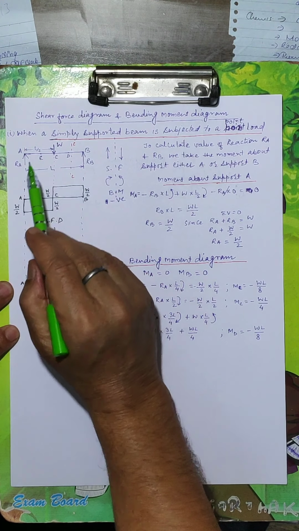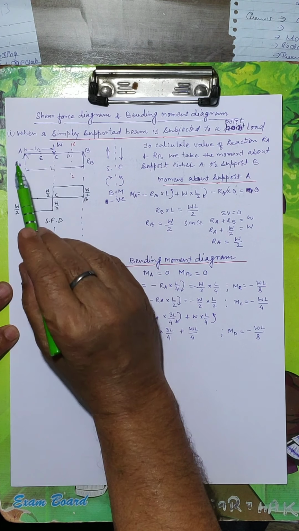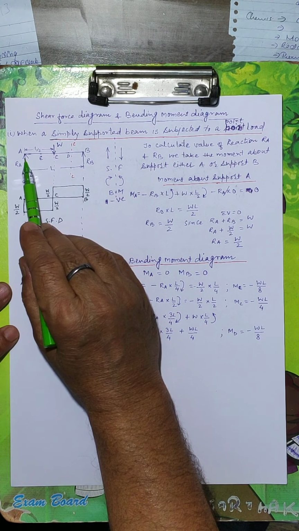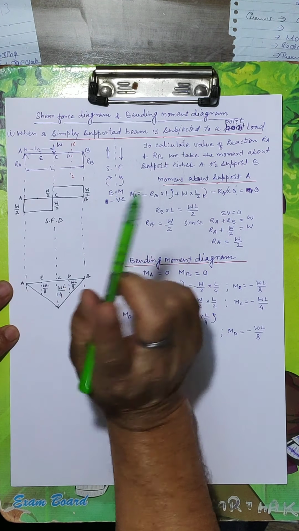We take the moment about either A or B. We know the moment at A and the moment at B is equal to 0 because it is simply supported.